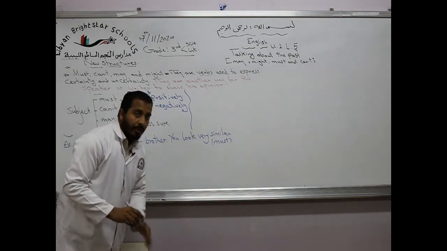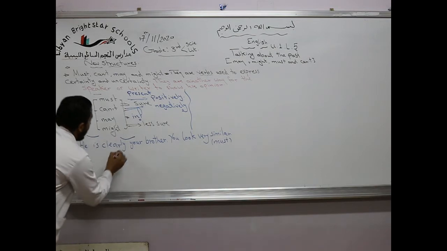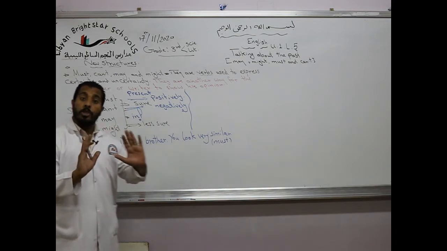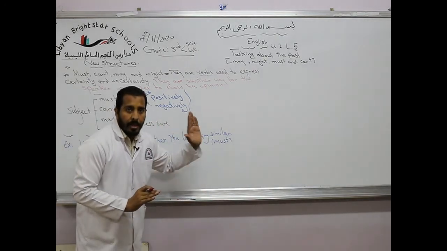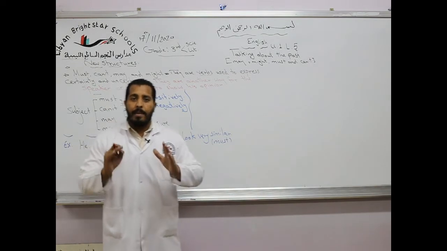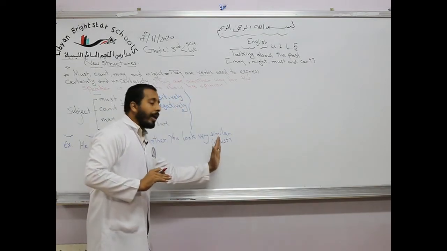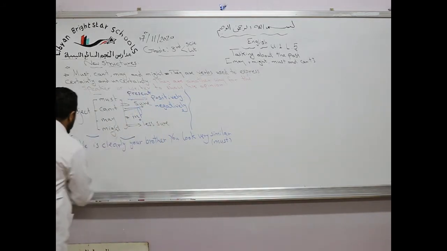You look very similar. Use must. Clearly is an adverb which we use when we are sure. So clearly has the same meaning as must. When we have two words with the same meaning, when we use one, we must drop the other. So if I want to use must, I must drop clearly.